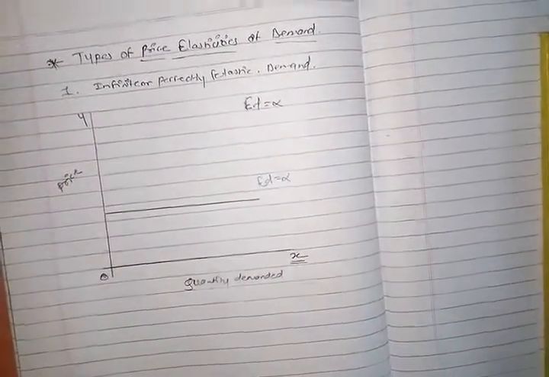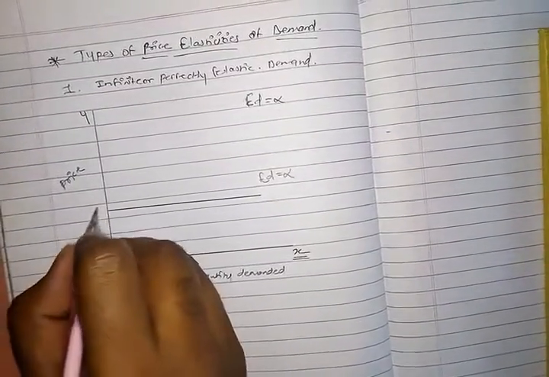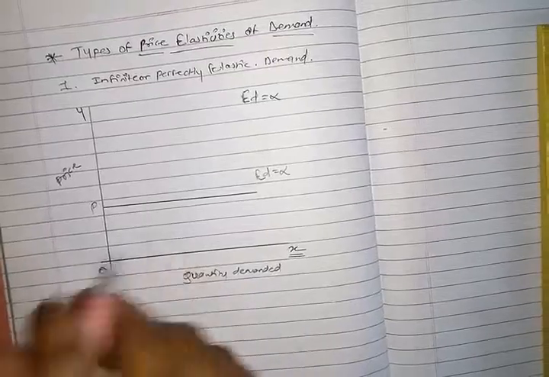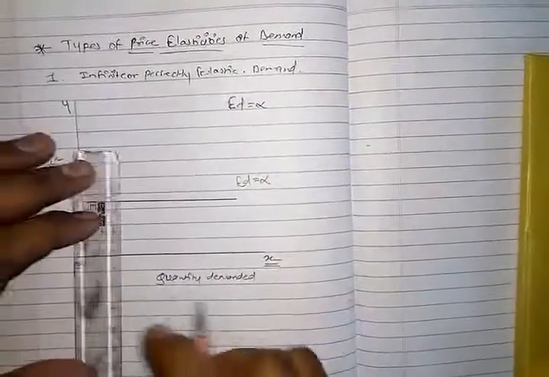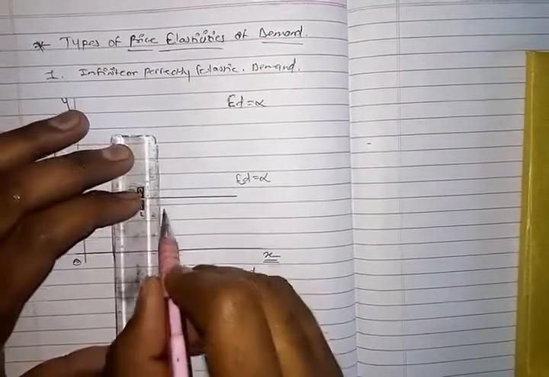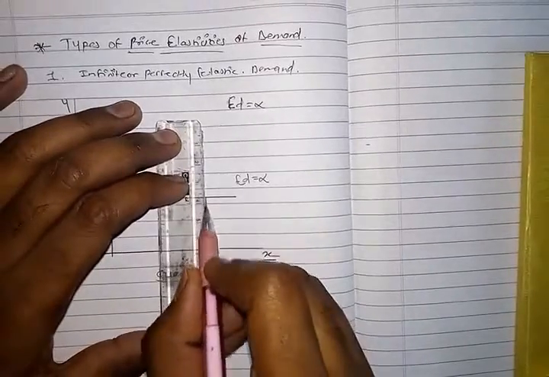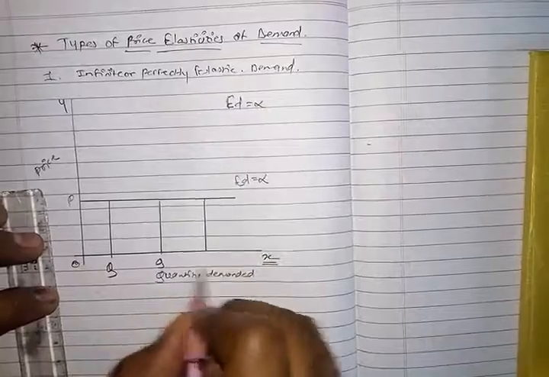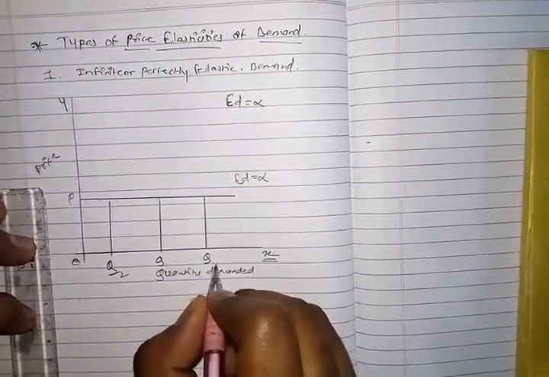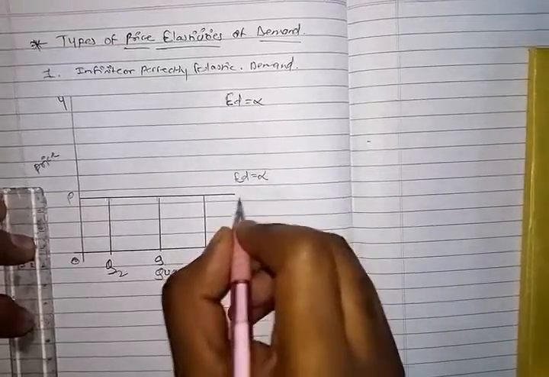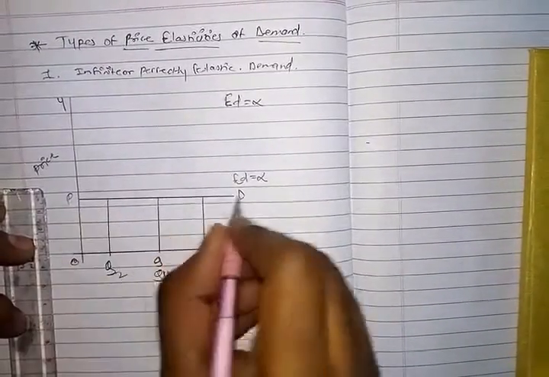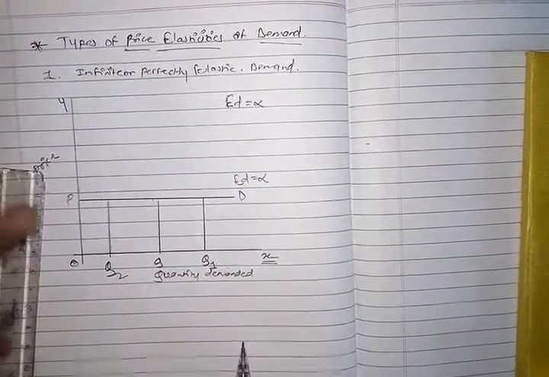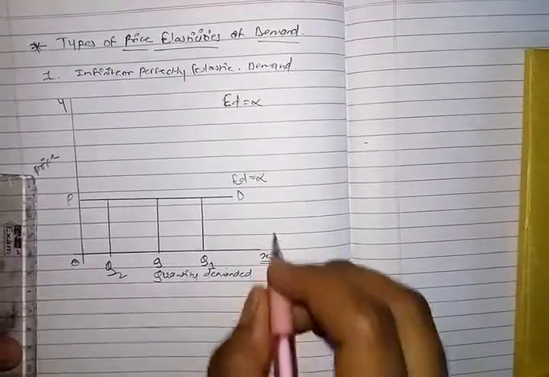The elasticity of demand of this curve is perfectly horizontal. Here there are negligible changes in price, so we have changes in quantity Q2, Q and Q1. So it is the demand curve which is perfectly horizontal to the x-axis.